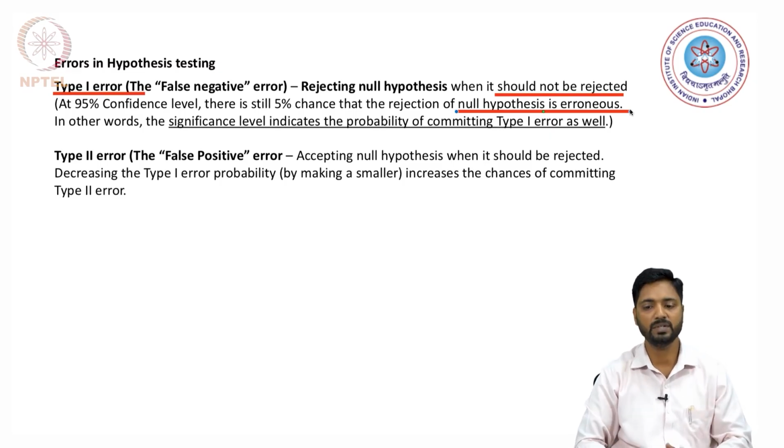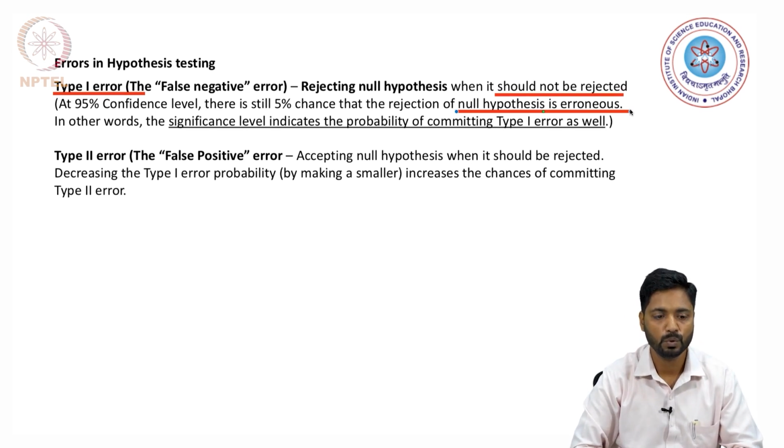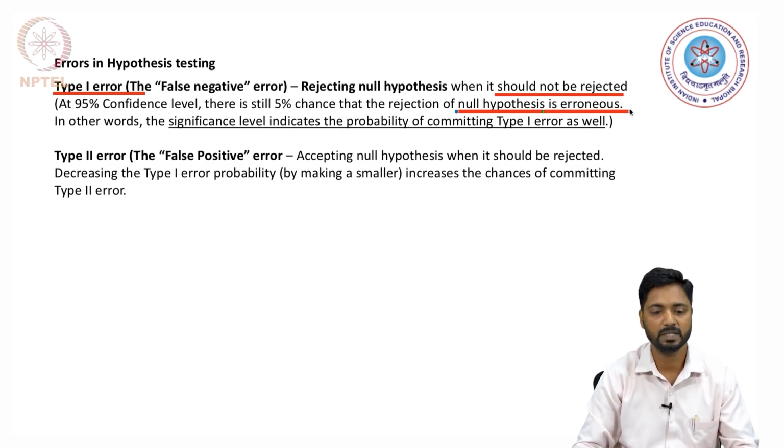Now what can we do to reduce the type 1 error? We can increase the confidence level and reduce the significance level to say 1%. In that case, we will still have 1% probability of making a type 1 error.